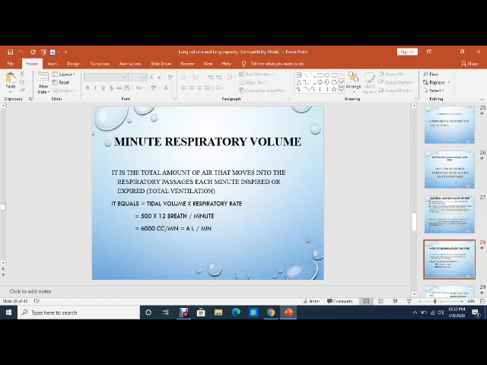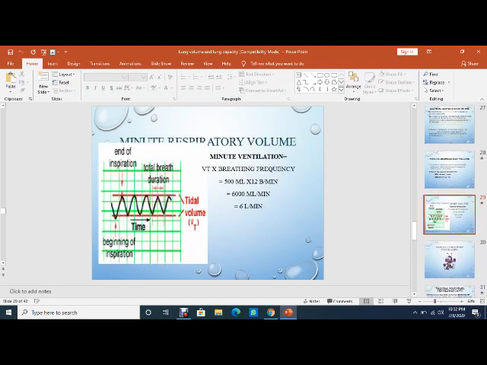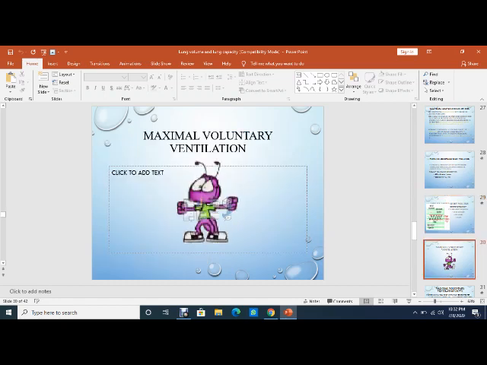So this is multiplied, giving 6000 cubic centimeters per minute, or 6 liters per minute. This diagram shows minute ventilation: tidal volume multiplied by breathing frequency of 12, so 6 liters per minute.